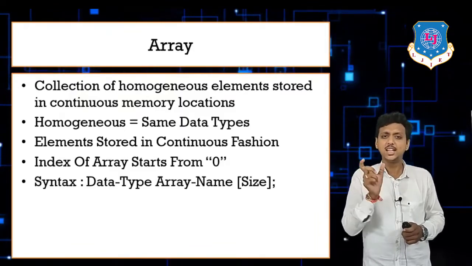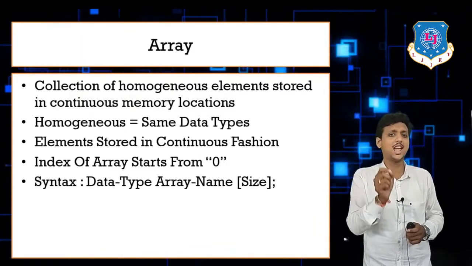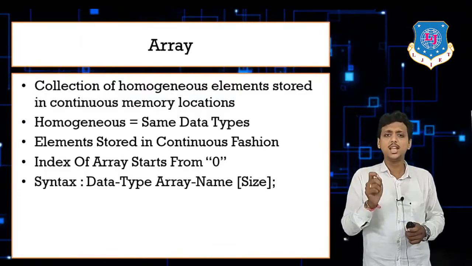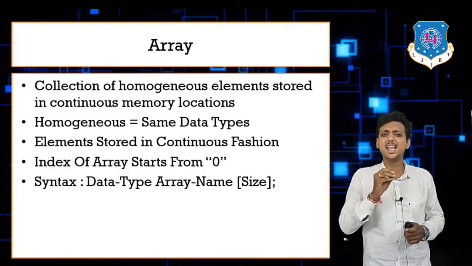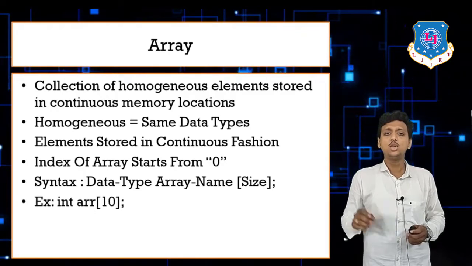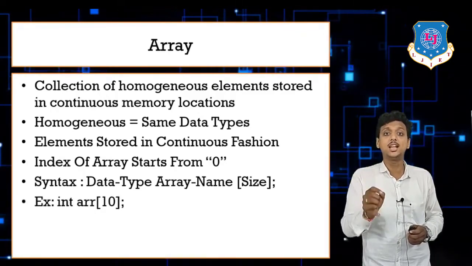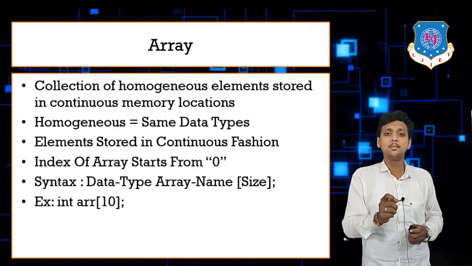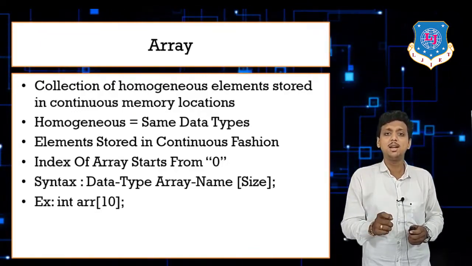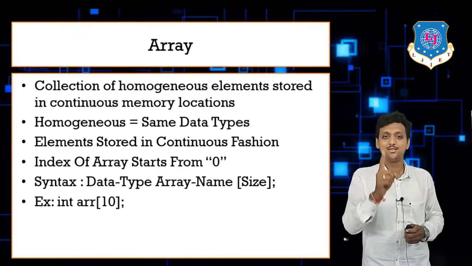In square brackets we write the size of the array, like 5, 10, anything. If I want to declare an array of size 10 of integer type, it can be, for example, int ARR[10].